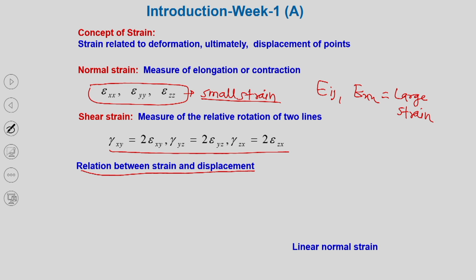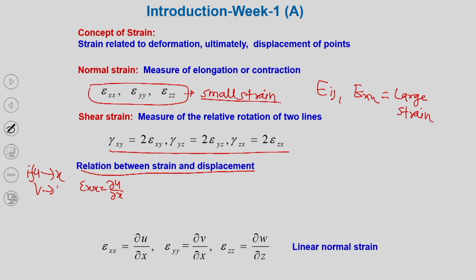So, strain displacement relations. You may be aware that epsilon xx is nothing but del u by del x. If u is the displacement along x axis, v is the displacement along y axis, w is the displacement along z axis. So, do not confuse.